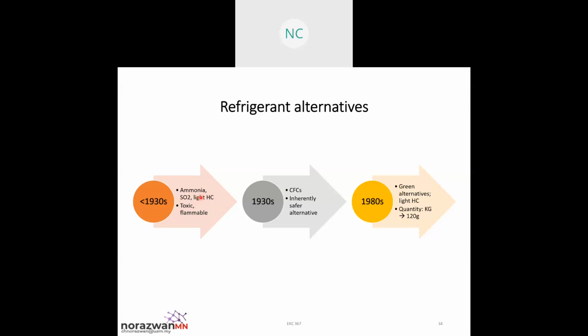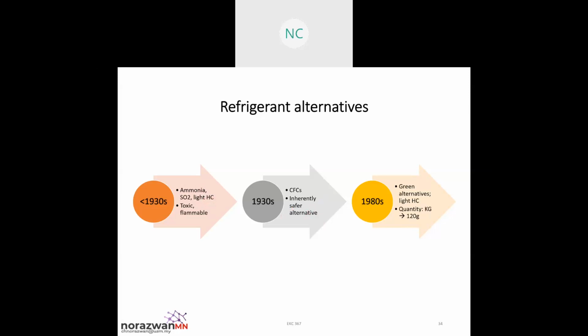Then, after the 1930s, CFC, chlorofluorocarbon, was discovered. During that time, CFC was considered the inherently safer alternative to ammonia, SO2, and hydrocarbon.